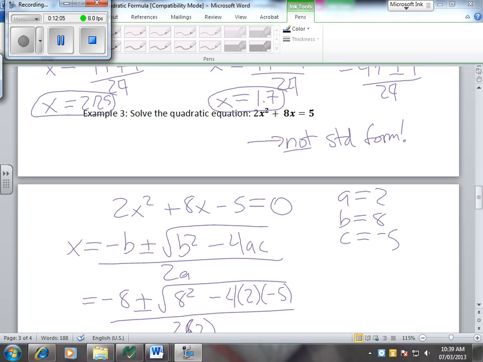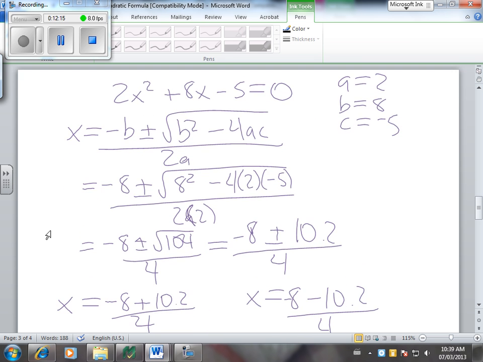Okay, so the first thing you should see for example 3 is that it is not in standard form. Hopefully you got it into standard form. You can check it for a GCF. There is none, it's only 1. So I've written out my ABC terms over here and filled them into my equation.